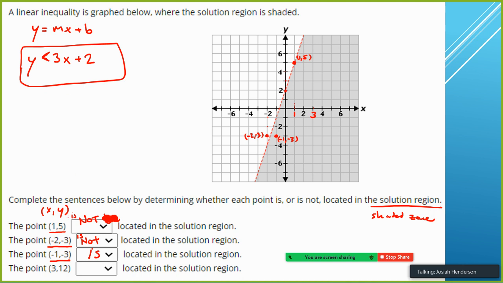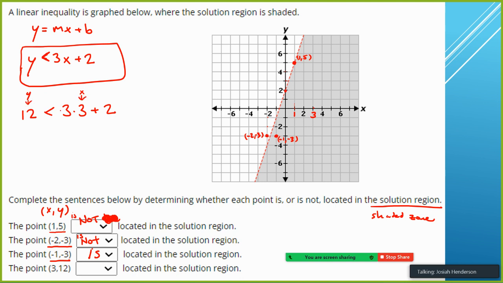Okay, now we're going to plug in 3 comma 12 in for x and y. So we're checking the final point basically. So y is 12 and 3 is x. I'm plugging in x, y like this.